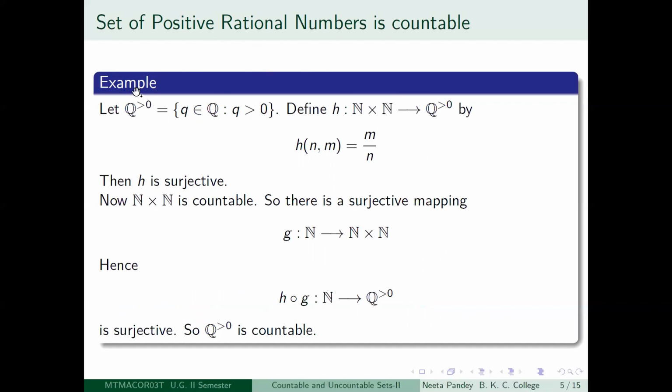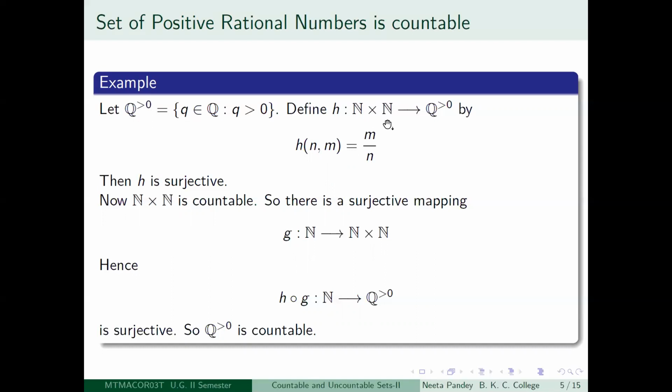So recall our notation which I had used in some previous lecture, that I took the set of rational numbers and put a greater than 0 as a superscript to mean the set of all rational numbers which are positive. And what we will do is define a surjective mapping from N cross N to the set of positive rational numbers, and that is very straightforward to give.